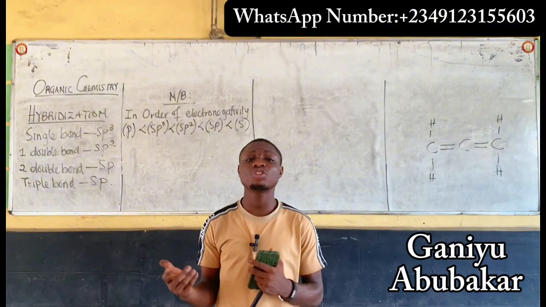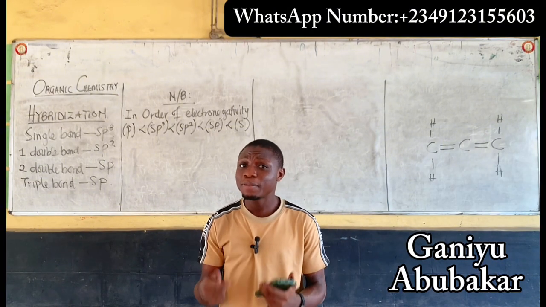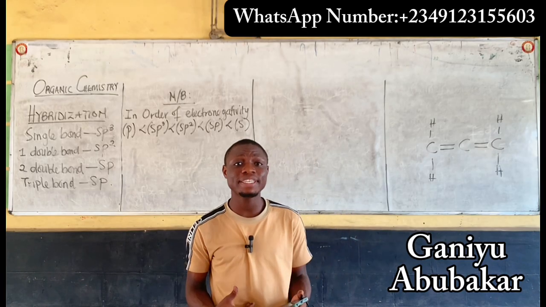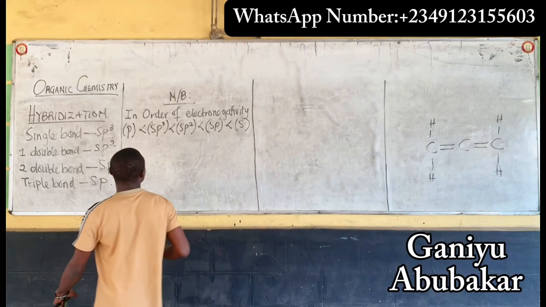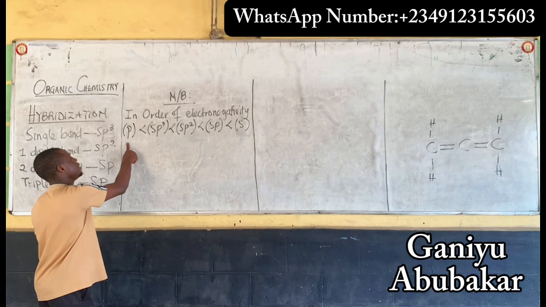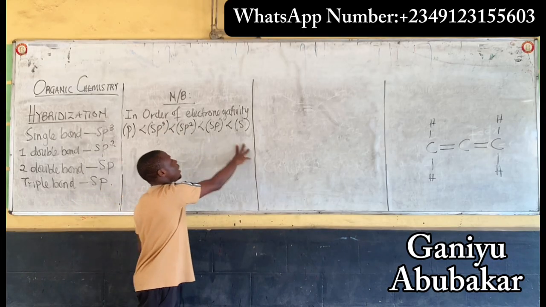If I'm to ask you, what is electronegativity? It's simply the ability of an atom to accept or receive electrons. That's all, please. So in order of electronegativity, I have p, sp cubed, sp squared, sp, and s.